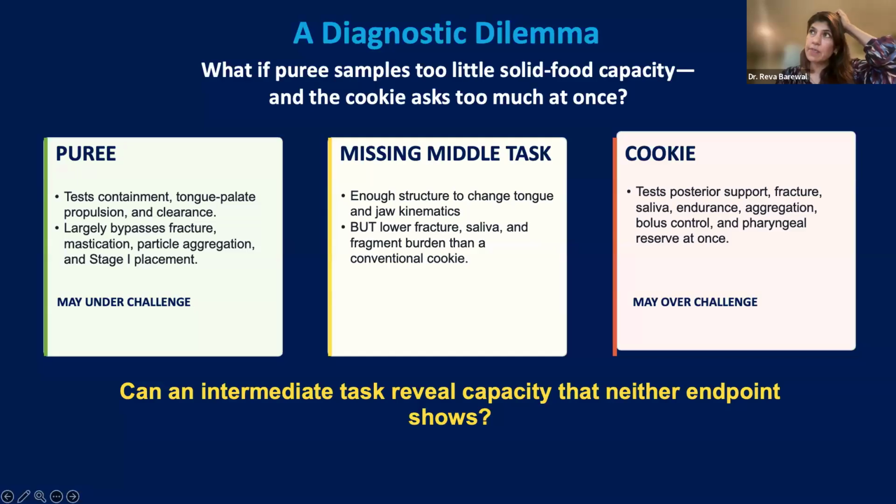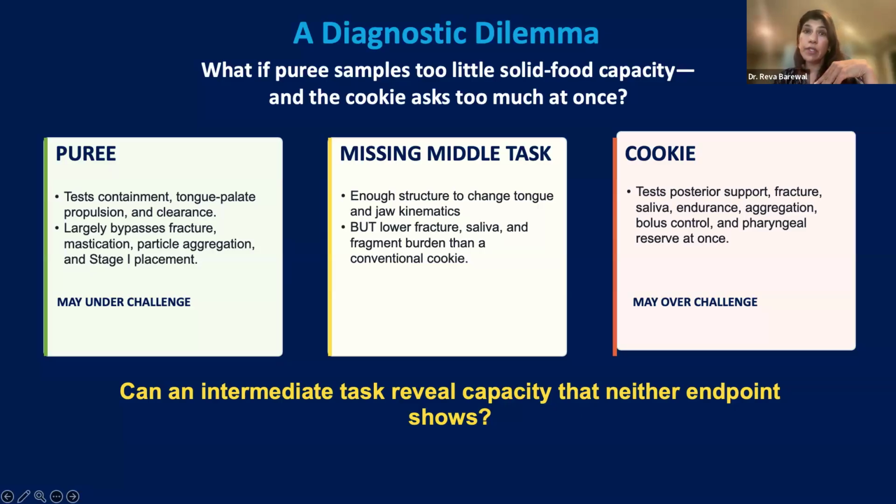So that just brings me to this diagnostic dilemma. When you are looking at puree on your modified barium swallow, essentially the puree can look efficient because the oral system is basically not being asked to do a lot of transformation or transitioning of the solid bolus, right?